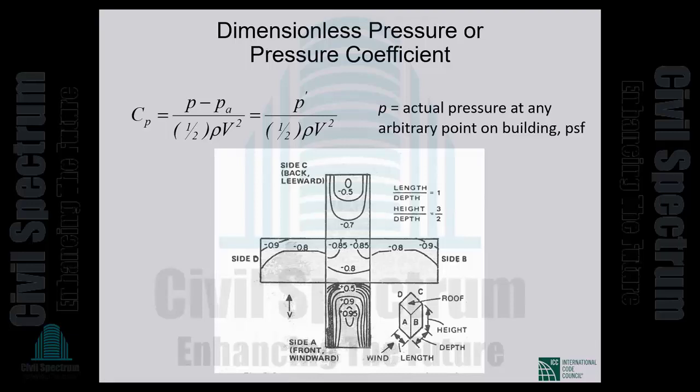For the leeward face, we take negative 0.5, negative 0.3, or negative 0.2, depending upon the dimensional ratio, it will come subsequently. So for the leeward face, it can be negative 0.5, negative 0.3, negative 0.2, depending upon the geometry of the building.